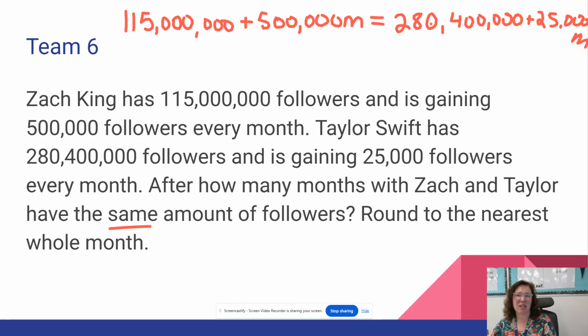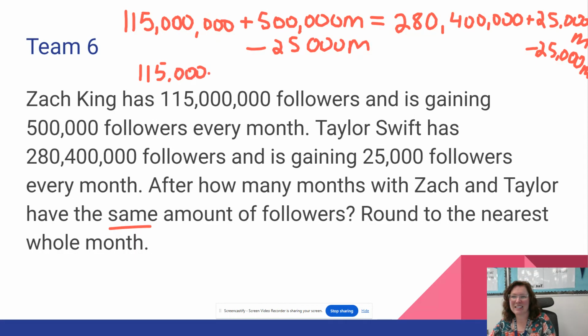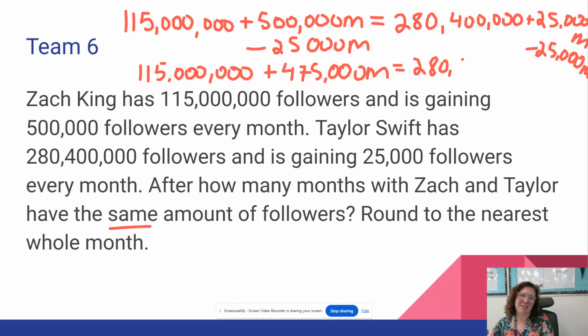So we are going to take the smaller amount of followers per month, and subtract that on both sides. It's just a lot of zeros, right? And now we have 115 million plus 475,000 followers every month equals 280,400,000.